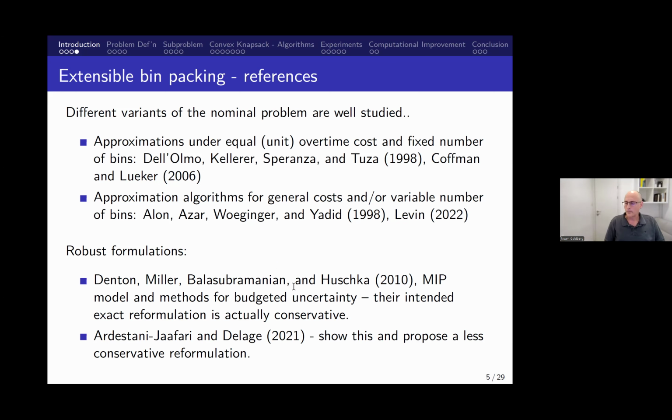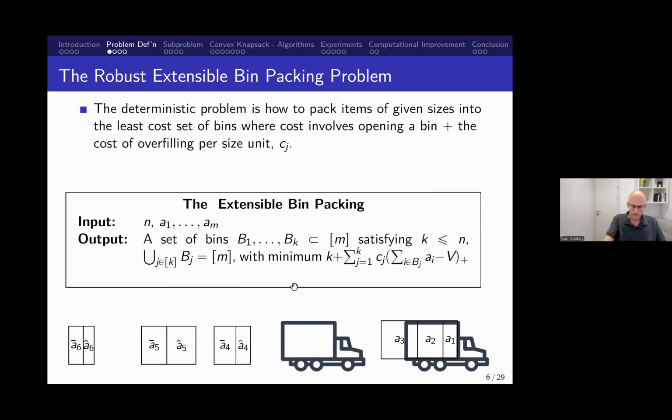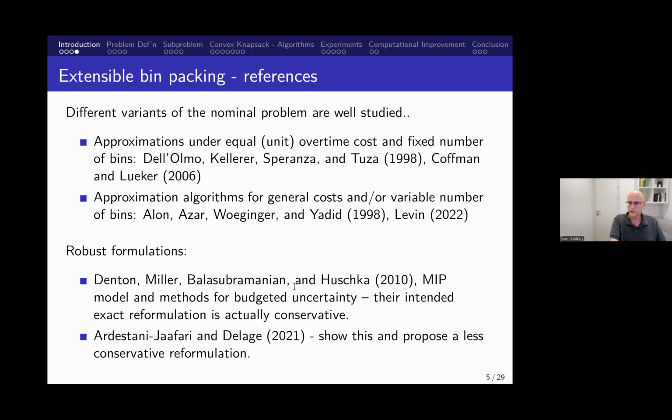It is shown later that the reformulation they apply is actually a conservative reformulation and not exact. This is shown in more recent work by Ardestani-Jaafari and Delage, and they propose some less conservative reformulations. Our approach here is to consider a closely related uncertainty set that's slightly different, which I'll show next, and we consider exact approaches for this problem.